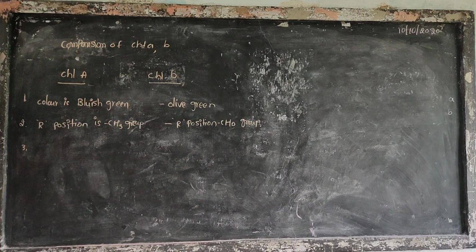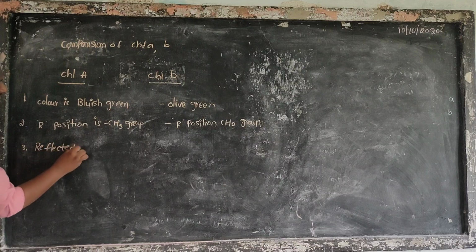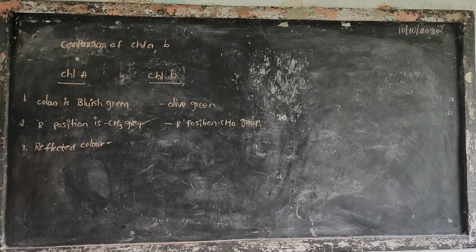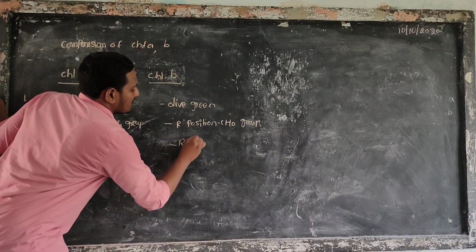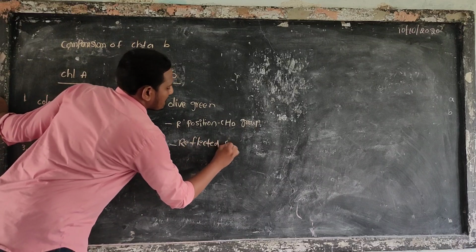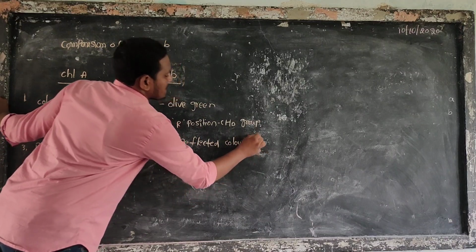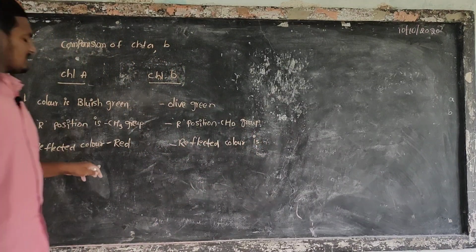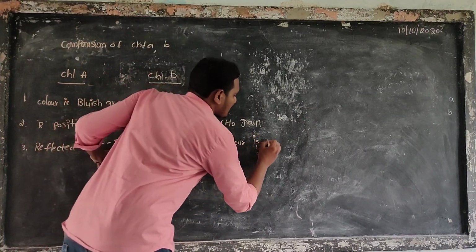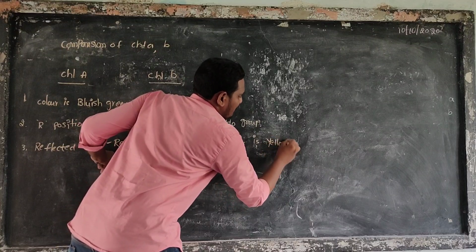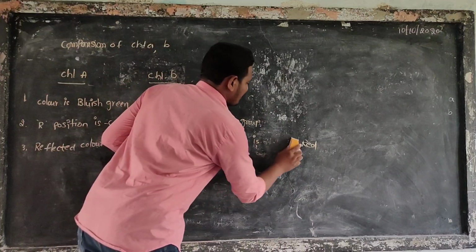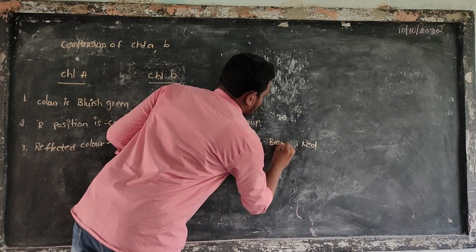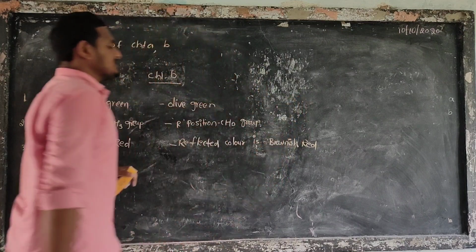Next, reflected color. For chlorophyll A, the reflected color is red. For chlorophyll B, the reflected color is yellowish red, or brownish red.